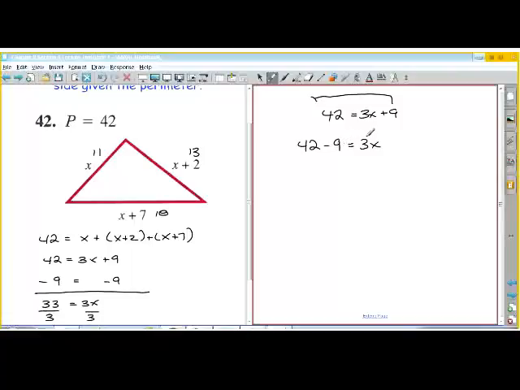So this goes over there, and as a consequence, it becomes negative. And then 42 minus 9 is 33, and then I do it the same way. And you may think, well, what's the difference? Well, there are cases where thinking about moving something instead of subtracting it eliminates this extra line of stuff.